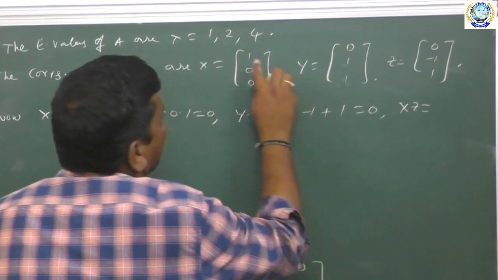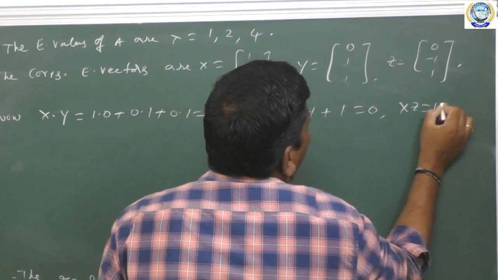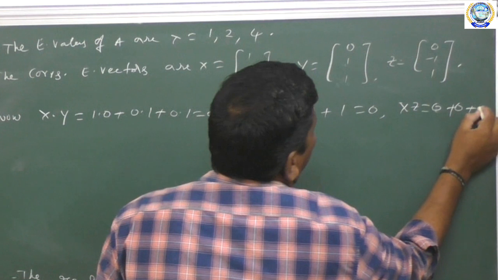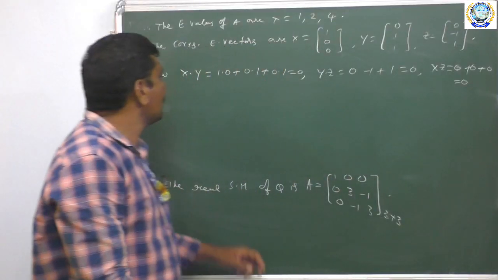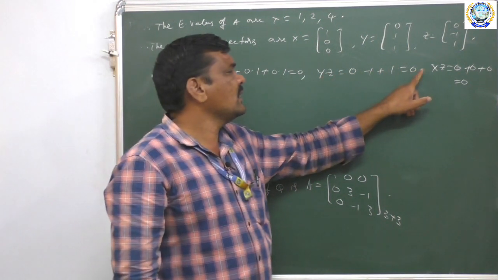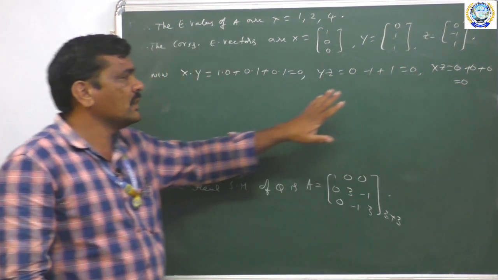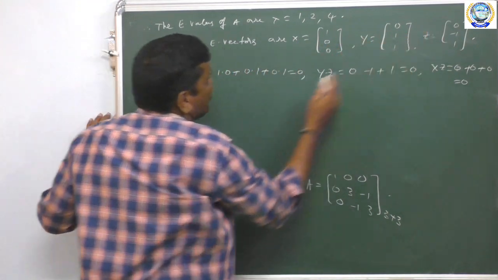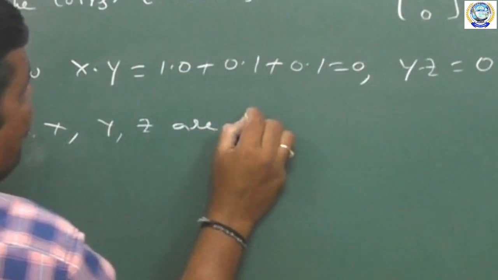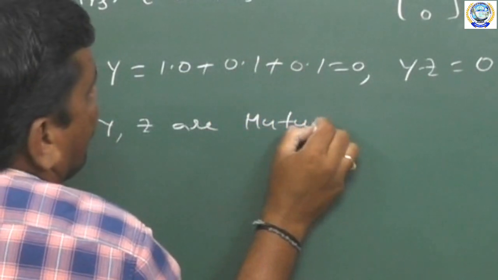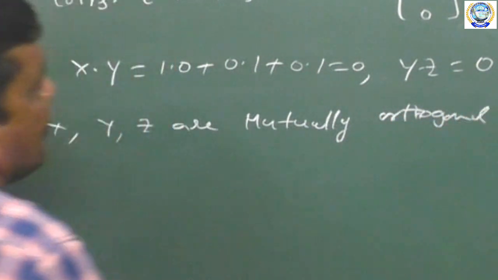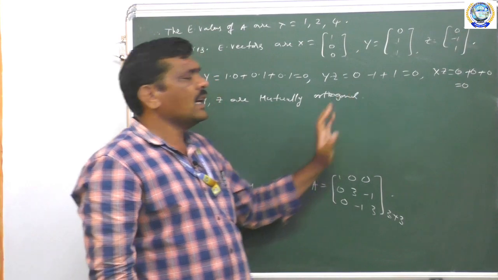And x into z is 1 into 0 plus 0 into minus 1 plus 0 into 1, this is equal to 0. Therefore, here we observe that xy is 0, yz is 0, and xz is also 0. Therefore, x, y, z are mutually orthogonal. These eigenvectors are mutually orthogonal.